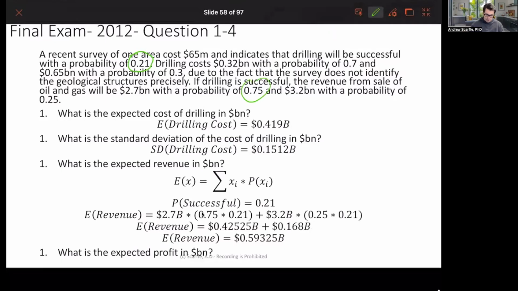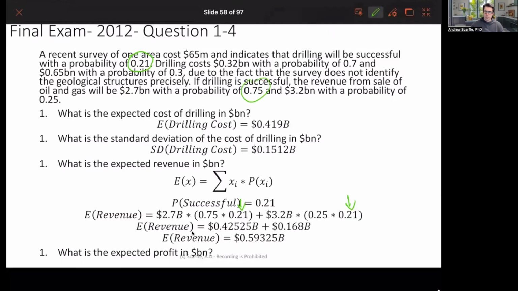You could factor out the 0.21 if you wanted and just multiply that sum by 0.21. It will give you the same answer. But your expected revenue then is $0.59325 billion. The trick in this question, then, being that you have to account for that there's only a 21% chance that you're actually going to get any oil in the first place. So that would be the trick that most people would probably forget to factor into the equation.